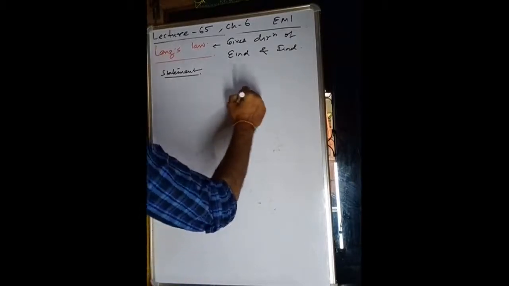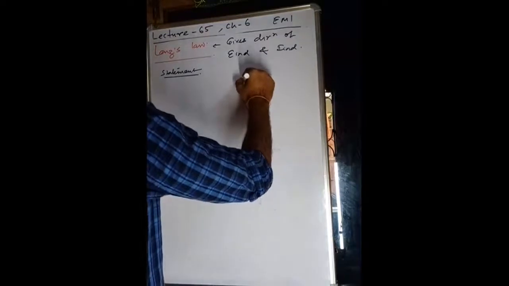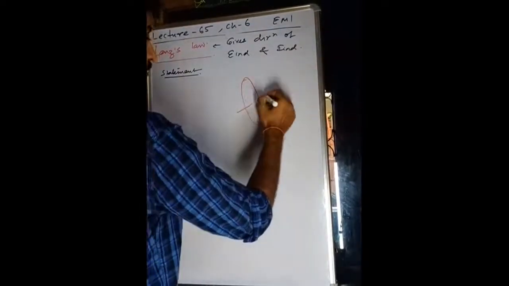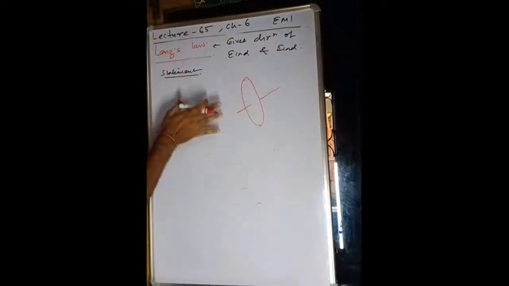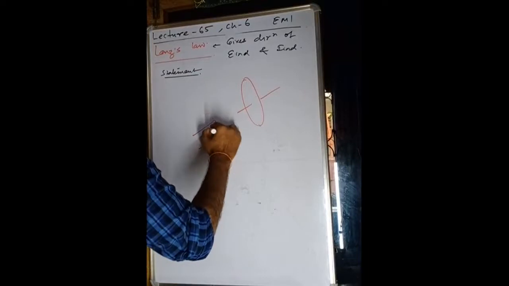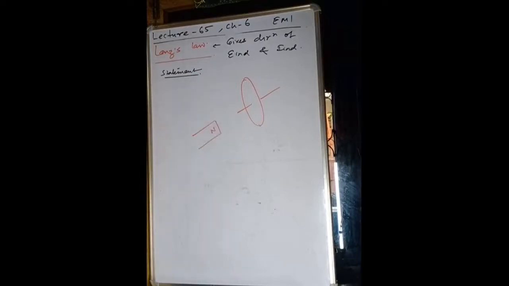Okay, my dear student. Here, this is a coil. You can see the face of this coil from here; you are the observer and you can see this face. Now this is a magnet, north pole.